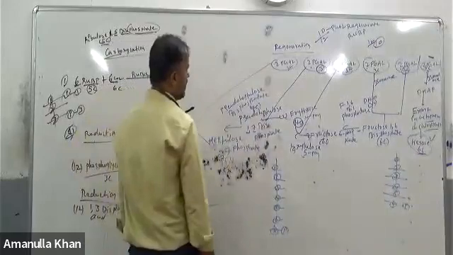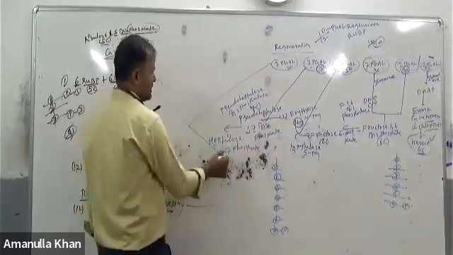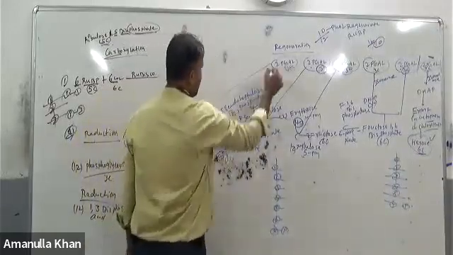Now this 7 carbon compound of heptilose and the 3 carbon compound of PGAL are both fused. 7 plus 3, 10 carbon compound.